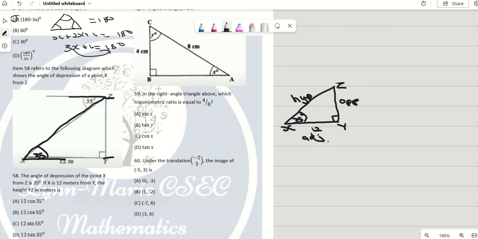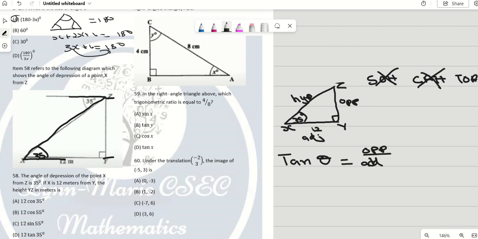By knowing this, you would apply SOH CAH TOA. First off, we are not using the hypotenuse, so we're not using sine, we're not using cosine. So the formula we'll be using is tan theta equals opposite over adjacent, TOA.